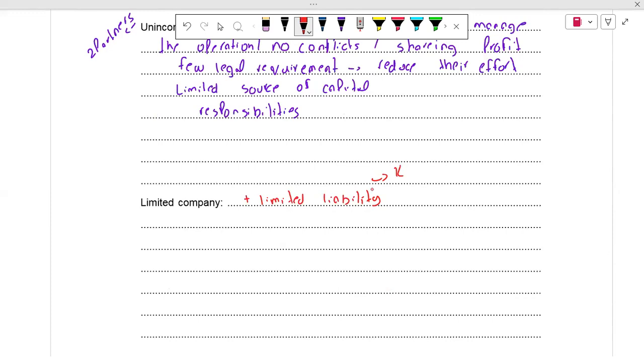So limited liability means that Zain and Zara don't need to sell their possessions.